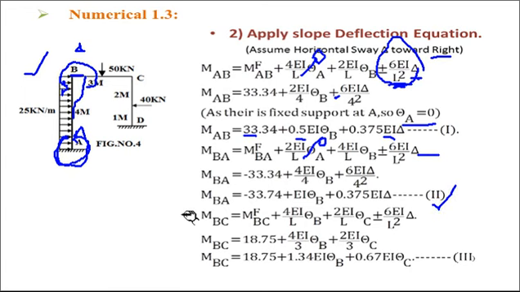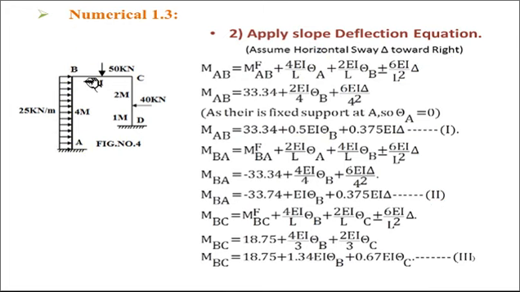Now consider the next member, BC. BC is your beam, a horizontal member. In case of a frame sway, we neglect the sway which is in the beam. So delta in case of a beam is always 0. Okay, so note this.